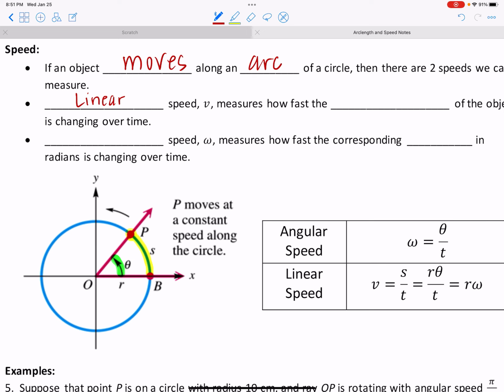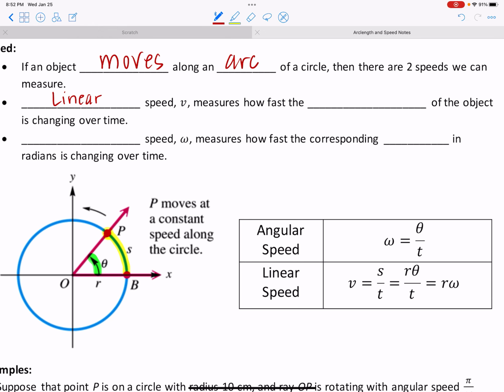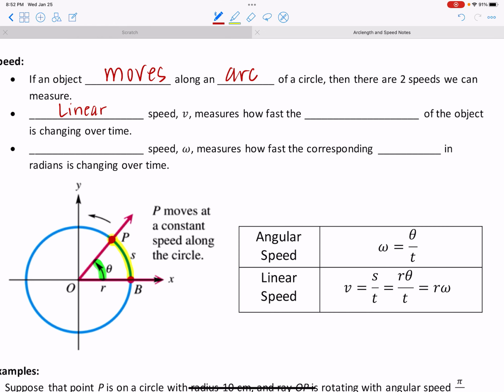So that's speed as we know it. We're just going to call it v for velocity, or linear speed. So linear speed is going to be denoted by the variable v. And the linear speed, again, is speed as we know it. It's how fast the position of the object is changing over time. So how is your position changing over time?